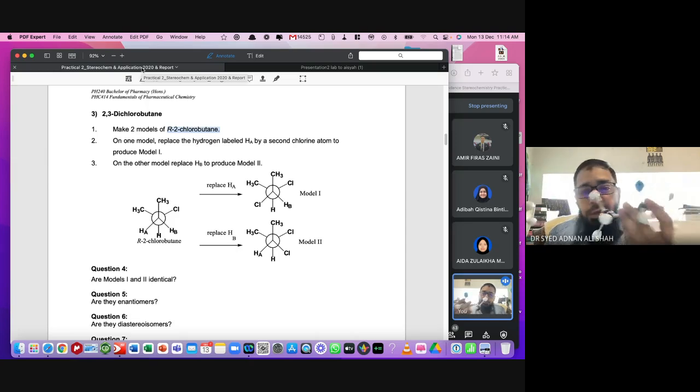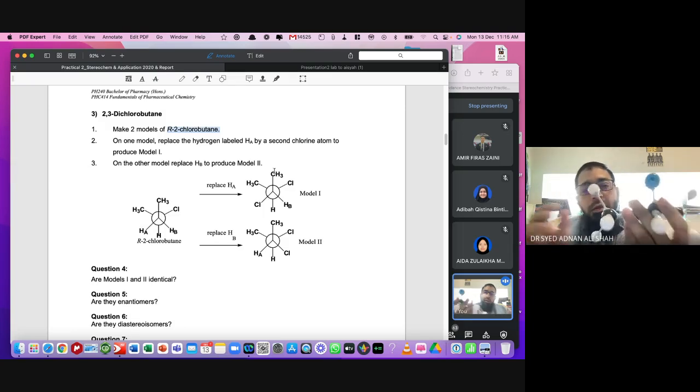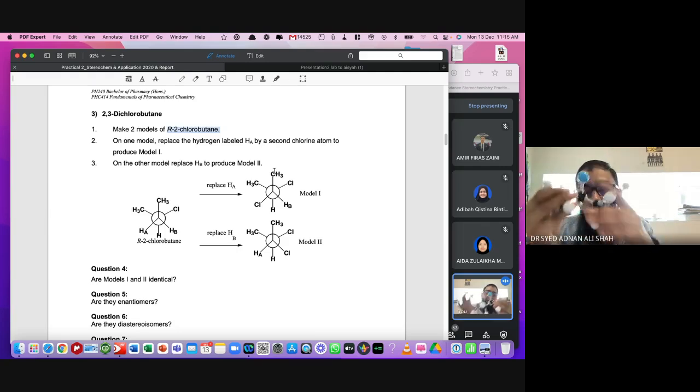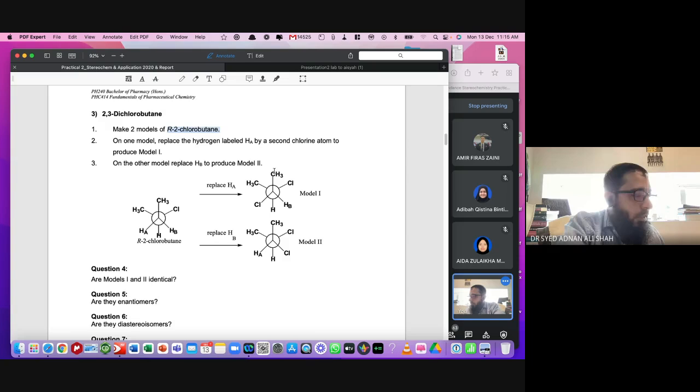So for example, this one is Ha and this one is Hb. So replace this one with the chloride, like this. So for example, this one is 1, this one is 2, and this one is 3. Understand? So 1, 2, and 3. So at 1 I replace this one with the chloride.